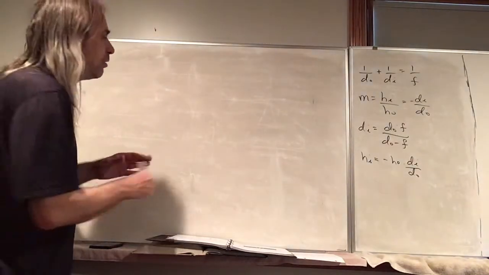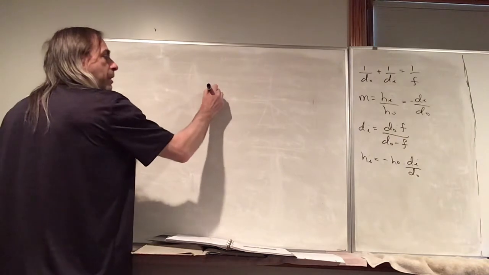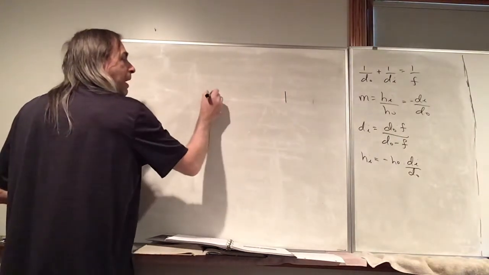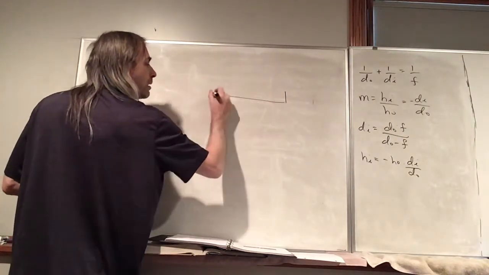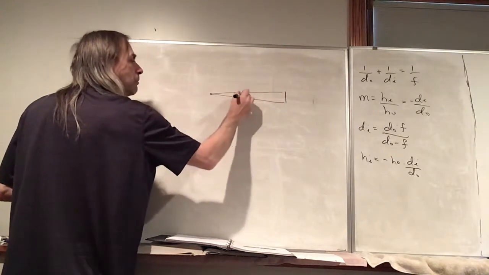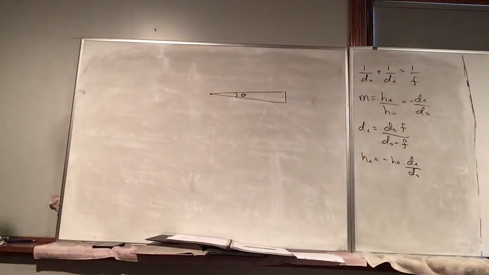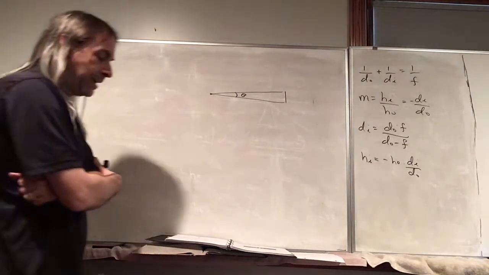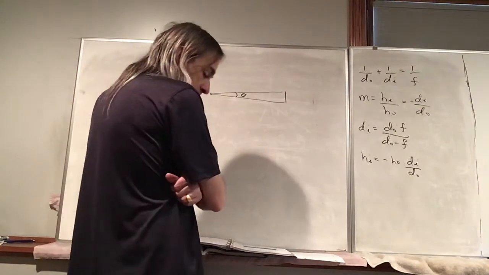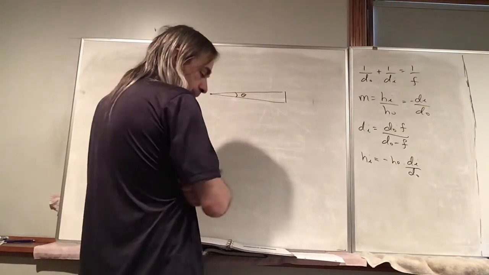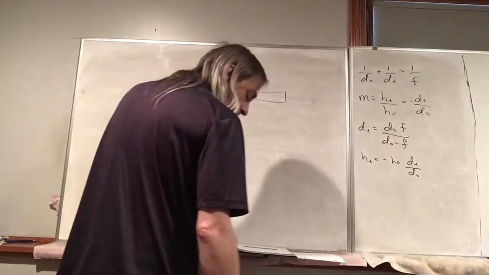So we define angular magnification by the angle subtended by the object. Say you're the observer here, and here's the object. For angular magnification, we've got a picture here.